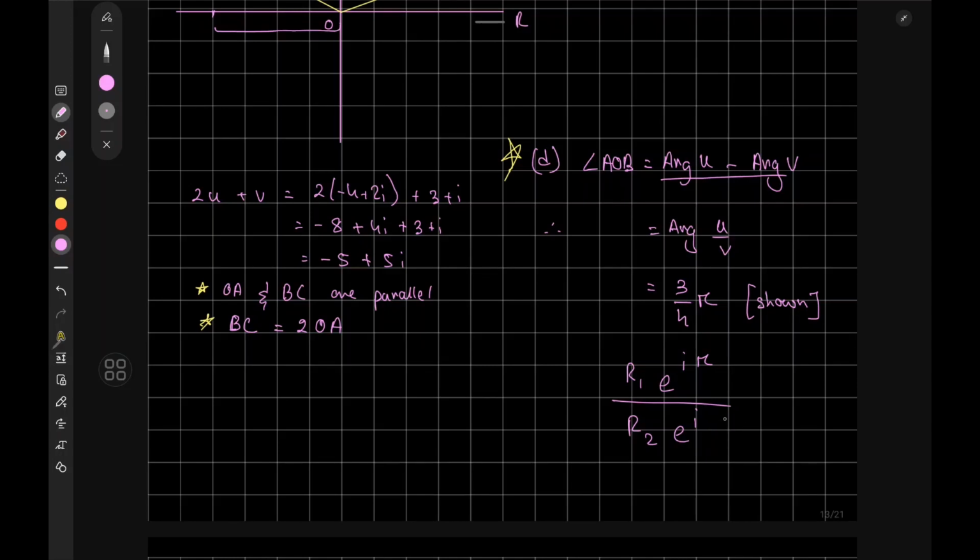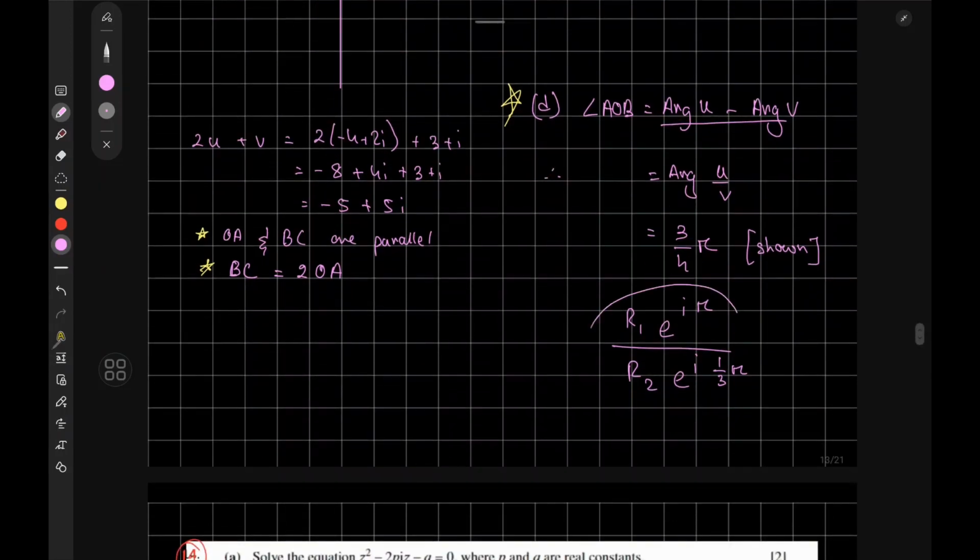I can rather write this as 1/3 of a pi, right? So in this case, what is the difference between the theta of these two complex numbers?